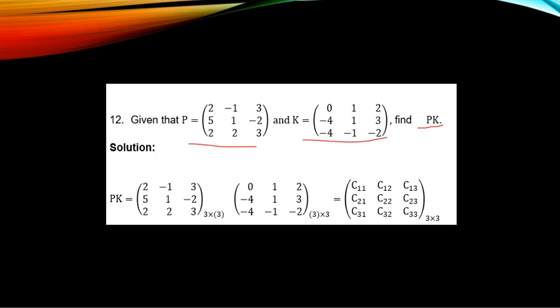Without doubt, the number of columns in matrix P is equal to the number of rows in matrix K. So our result would be a 3 by 3 matrix denoted by this. So you look for 9 elements, 3 elements in each of the 3 rows. So let's continue.